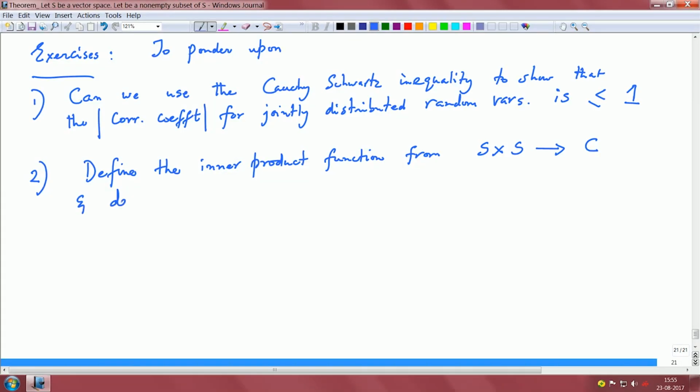I mean, the value that this function takes can be complex numbers. So define the inner product function from the Cartesian product of the vector spaces to a complex number and derive the Cauchy Schwartz inequality for this case.